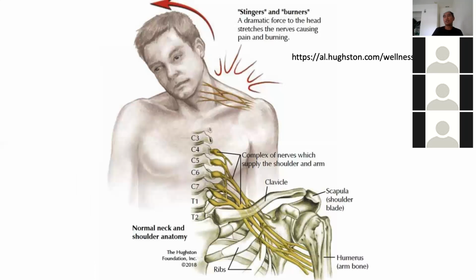Okay, so now look at that. The neck being pushed away like that. This sort of injury can happen in contact sports, for example American football.